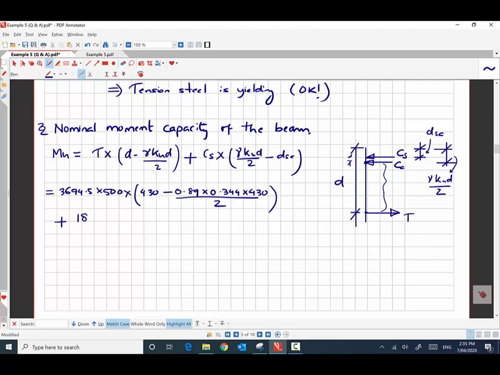Area of steel in compression, which is 1847.25, and we are writing it in terms of the steel strength, so multiplied by Es 200,000, into we already know the strain in the steel is 0.002 in compression, and the distance between the two forces is 0.89 times 0.344 into 430.